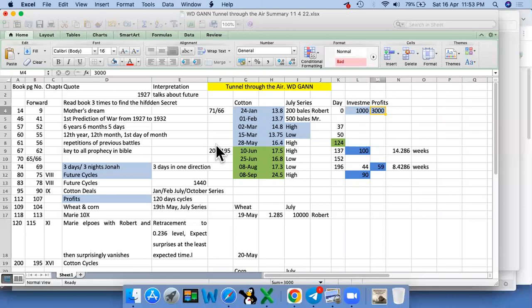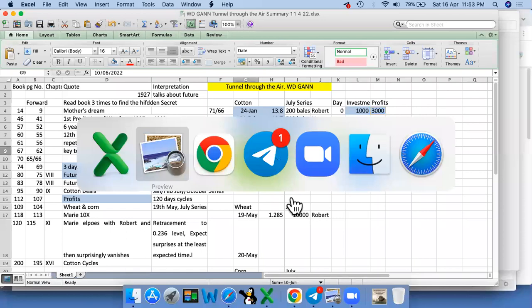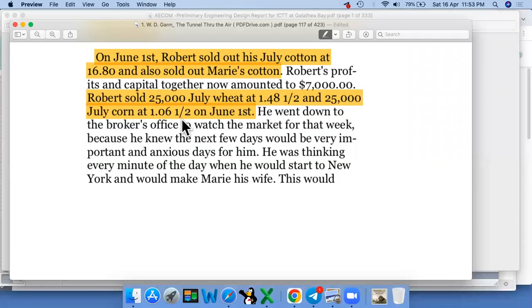So let's figure out if the dates have been given around here. It is on page number 195. The 1st of June, it was 16.8, from where it started further going up. So these have not been given over here. Probably we need to go to the next pages.